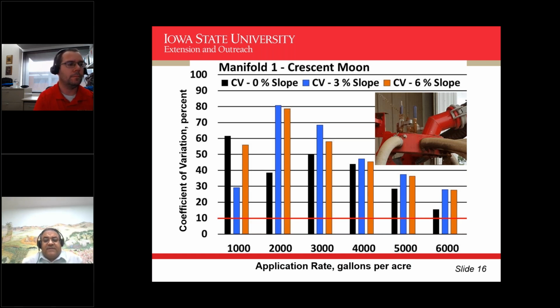So when we were running these tests, we wanted to see if slope made a difference on how the performance and variation showed up. On the left-hand side of the graph itself is the coefficient of variation, calculated through a statistical analysis of coefficient of variance.